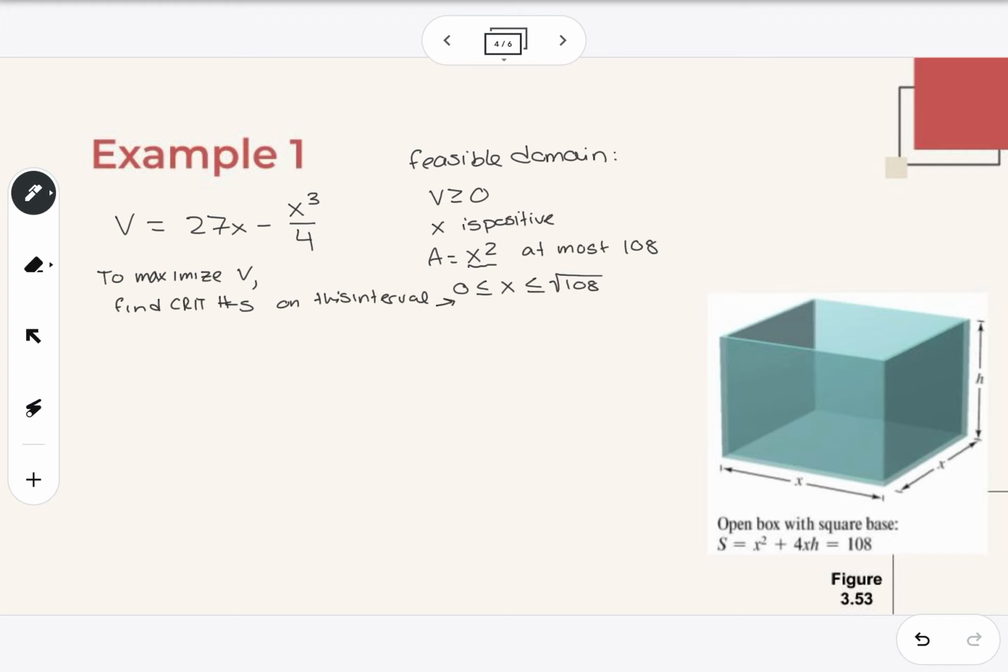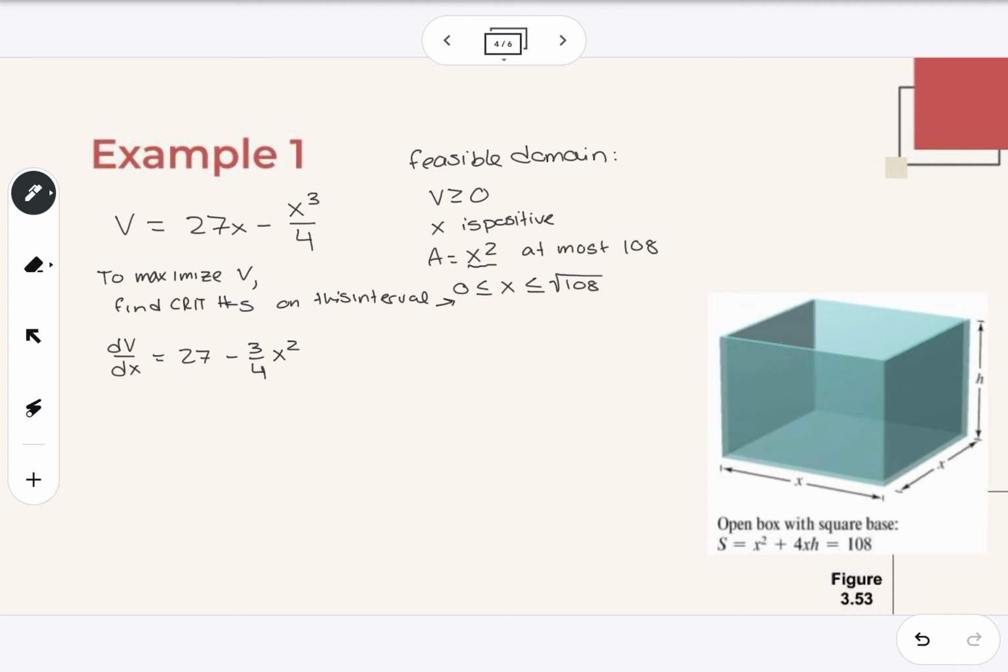Find your derivative, so dv/dx, remember that's kind of a throwback. We haven't really used dy/dx, in this case dv/dx, in a little while, but that just means first derivative, right? That's going to be 27, that's my derivative of 27x, and then what would your derivative of minus x cubed over 4 be? Well, you can think about that as pulling down a 3, so you'll have minus 3/4 and then x squared. Okay, so that's your derivative.